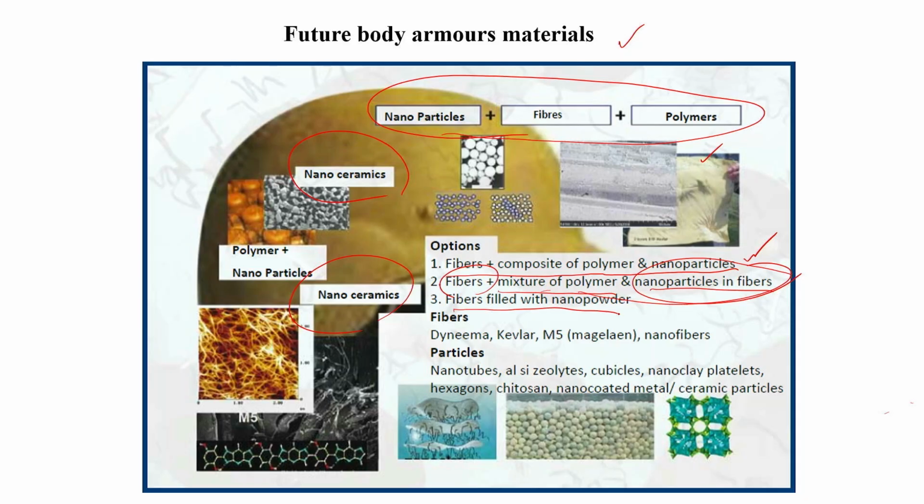Different types of fibers we can use, like Kevlar, Dyneema, M5, and nanofibers, with different types of nanoparticles. Nanotubes, ceramic particles, nano coated metals. All these options are there for future materials, future armor.